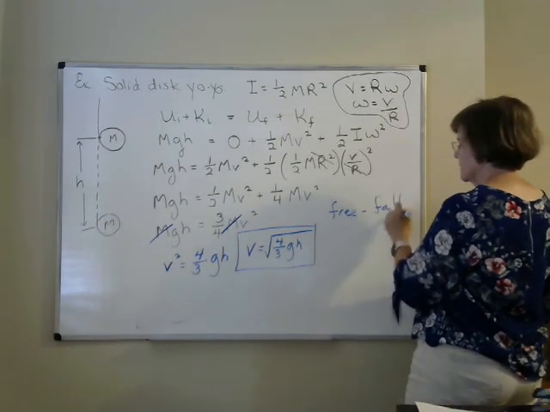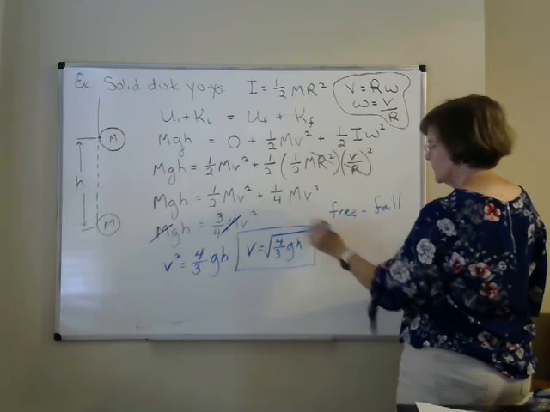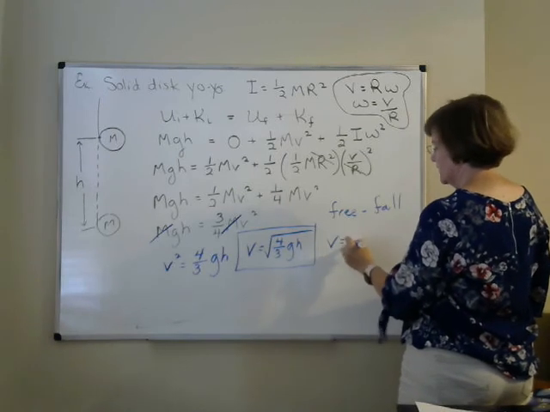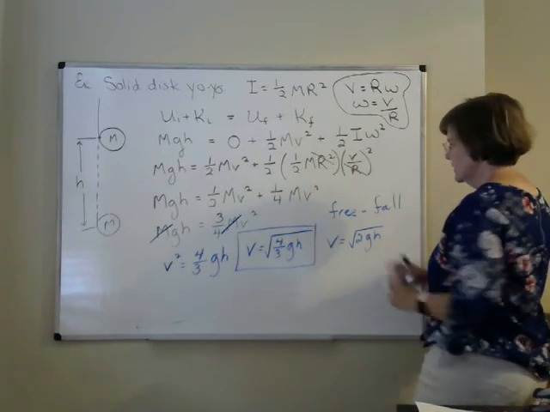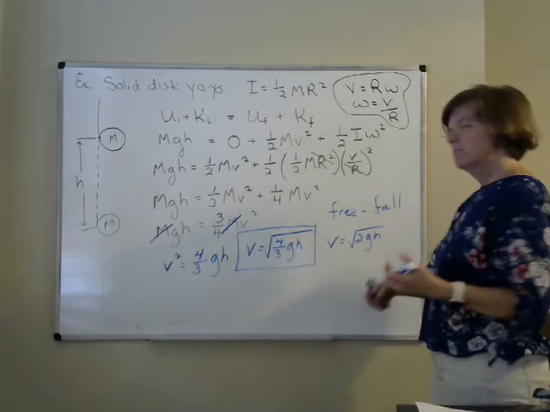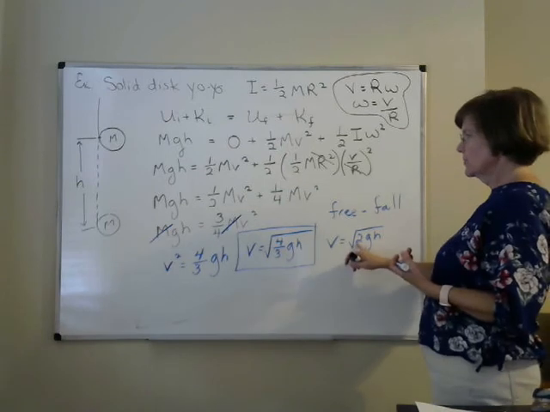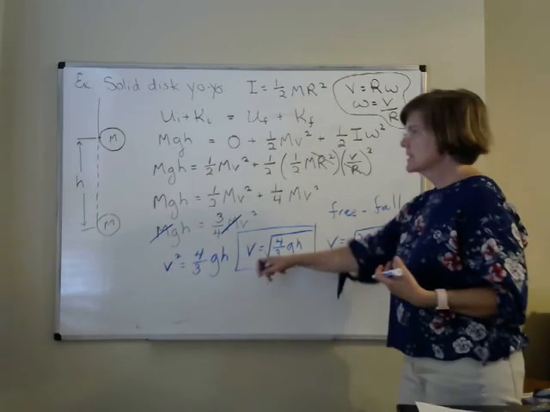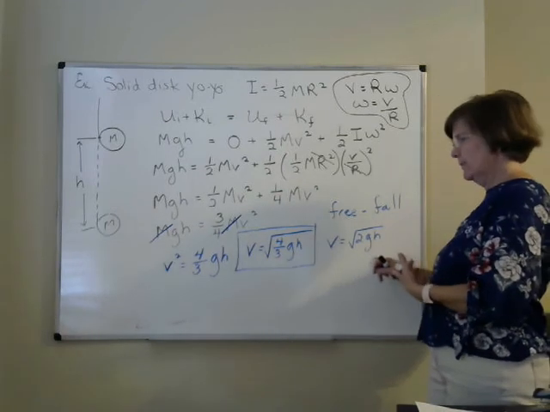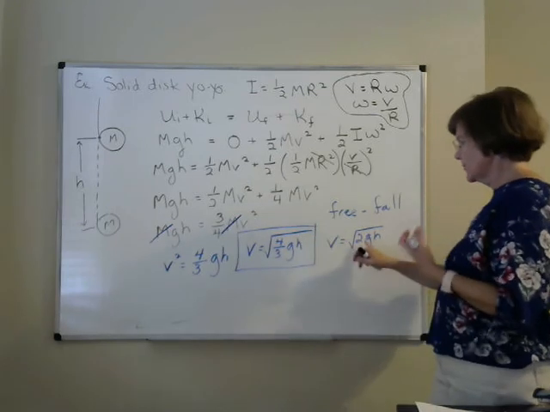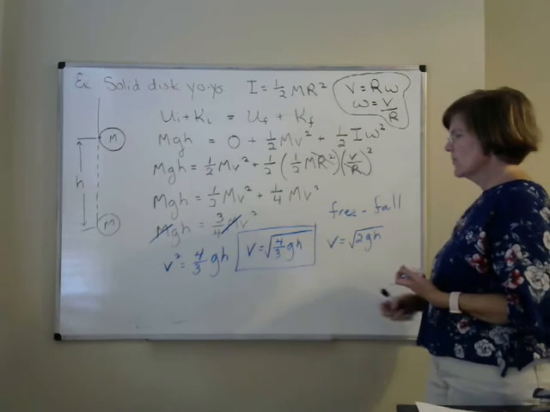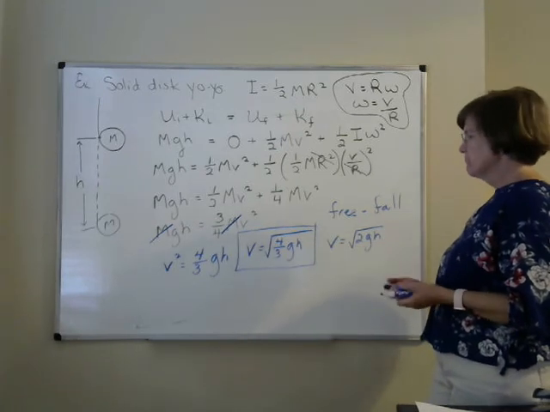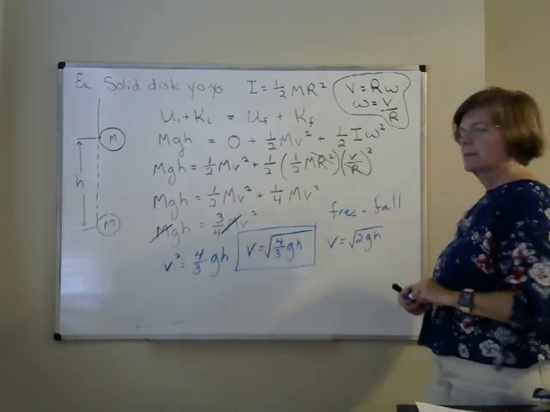When something's in free fall, after it falls a distance h, its velocity is the square root of 2gh. So 4/3 is less than 2. I would expect the velocity to be less than free fall, a number smaller than the square root of 2gh, and you can see it has all the right units.